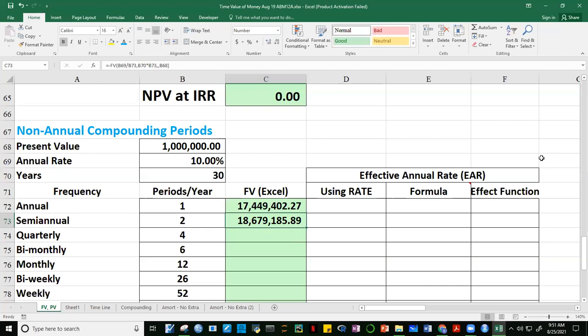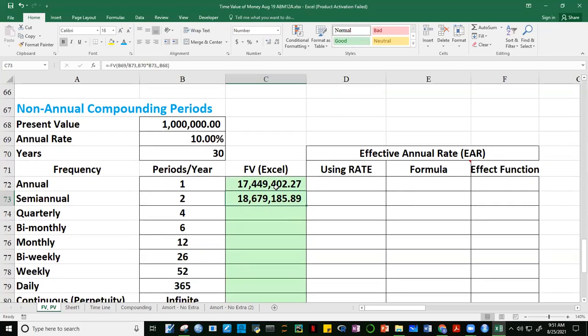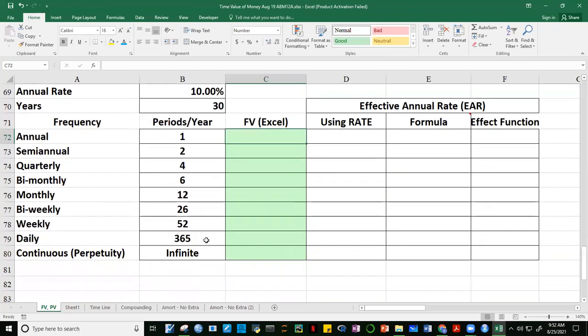So as an exercise, guys, type it here in our chat box. I want you to create a formula here, one formula that we can copy down to 365, up to daily compounding. Don't include infinite, because that's a different formula. I'll give you a few minutes.